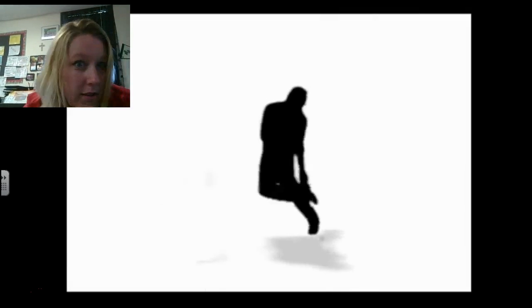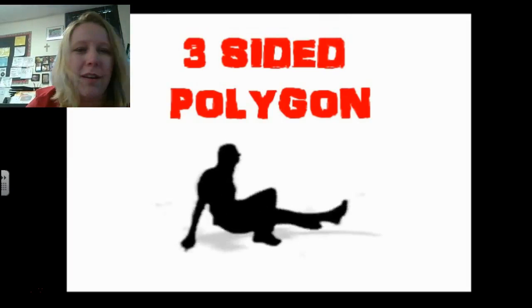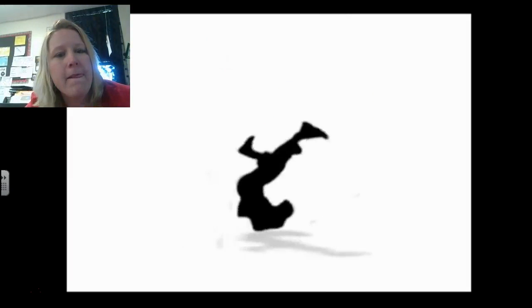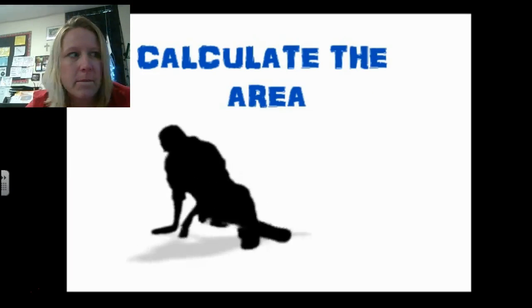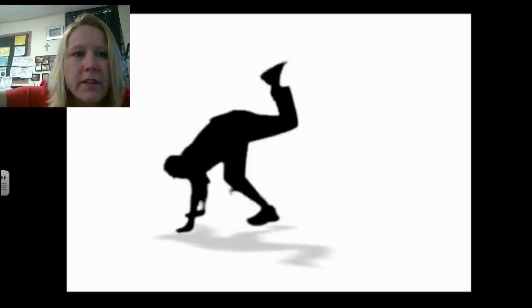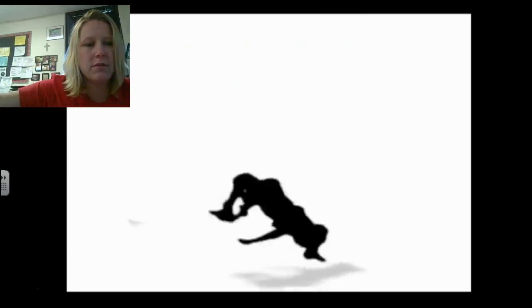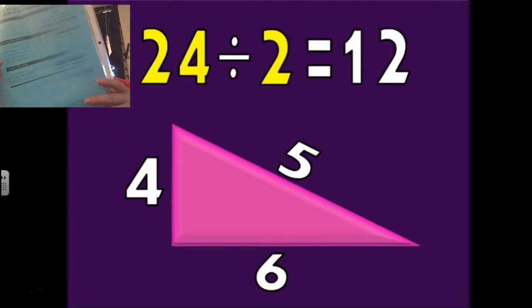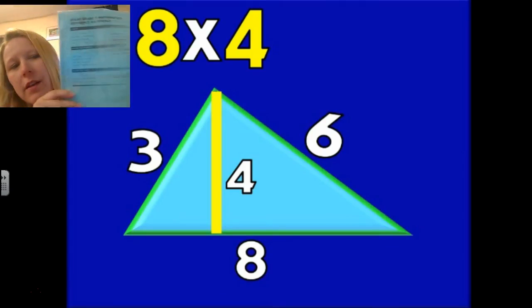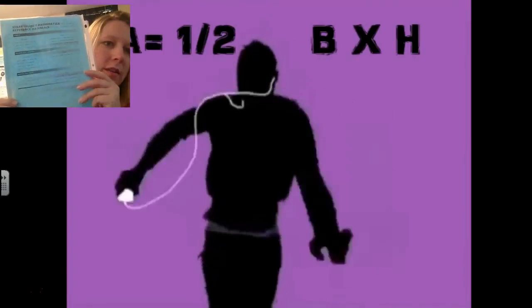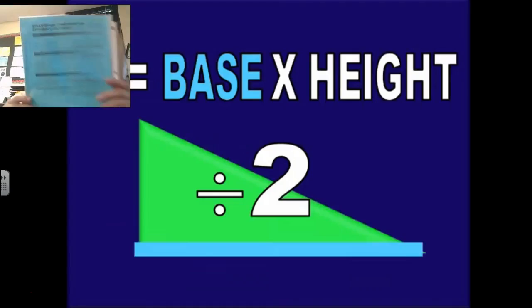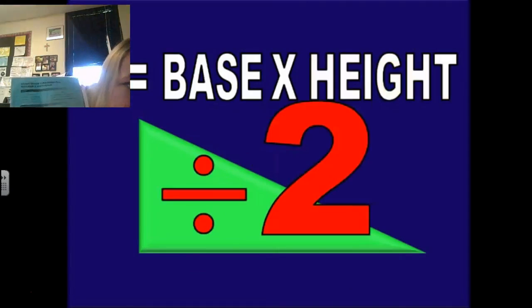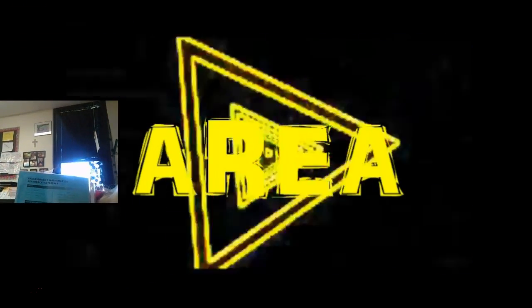Area of a triangle, one half the base times the height.